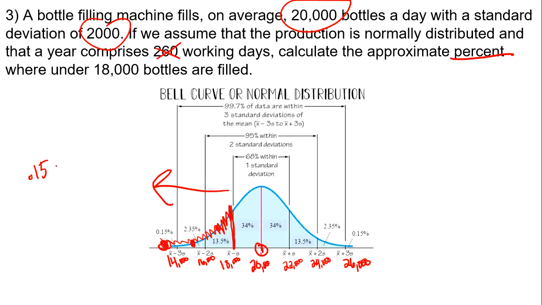So it's going to be 0.15 plus 2.35 plus 13.5. If you add all of those things together, you should get 16%, which is your answer. So 16% of the bottles that we fill are below 18,000 a day.